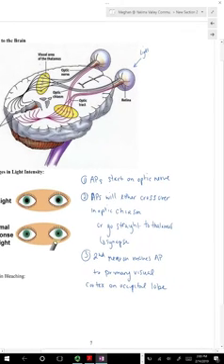And then just to make a note of this, this is because it allows depth perception.